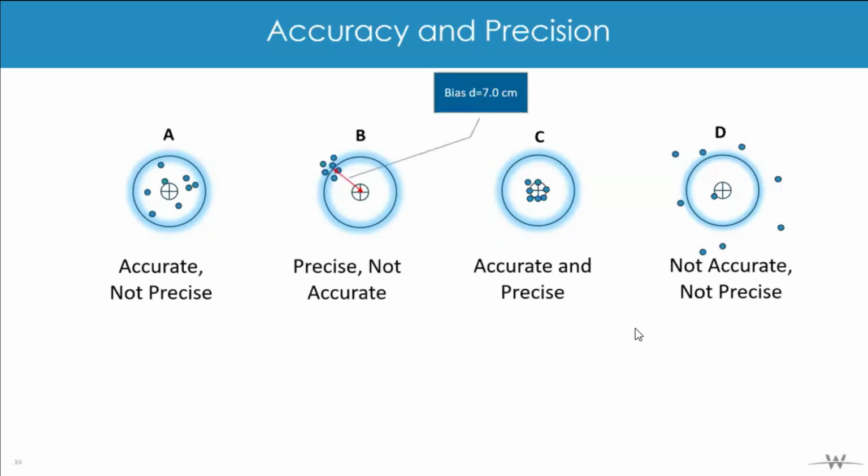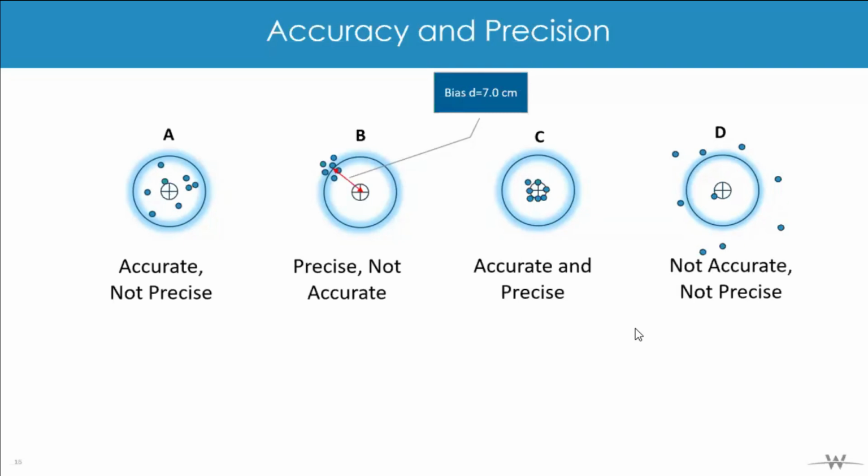So if you look at B, the shooter is a sharp shooter, definitely. But he or she has a bias of 7 centimeters in this case off the bullseye. And that's not because of their shooting skill. That's probably because of the instrument they use. If they are using a bow and arrow with a scope or a rifle with a scope, it could be the calibration of the scope they are using.